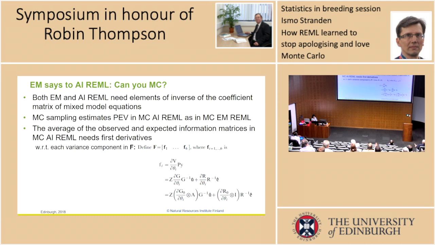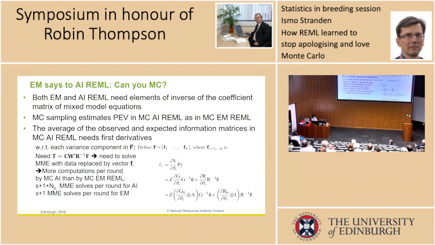So because we are interested in complex models that have many variance components to be estimated, this has a consequence that the number of mixed model equations to be solved increases with the number of unknown variance components. And in that way the Monte Carlo AI REML has a more difficult job. It's computationally more challenging per round. It's not because of Monte Carlo, but because of the AI REML itself.